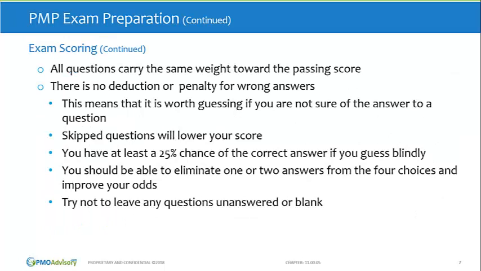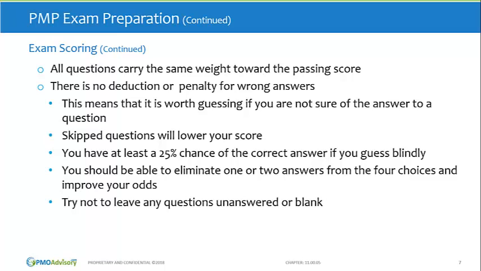In the exam scoring, all questions carry the same weight towards your passing score. Also, there's no deduction or penalty for wrong answers. In other words, it's worth guessing even if you're not sure of the answer to a question. Any skipped questions will lower your score.